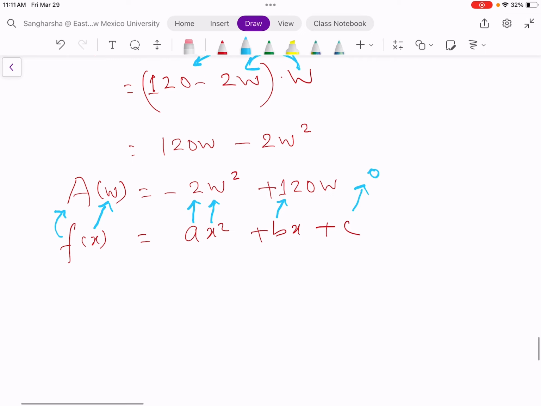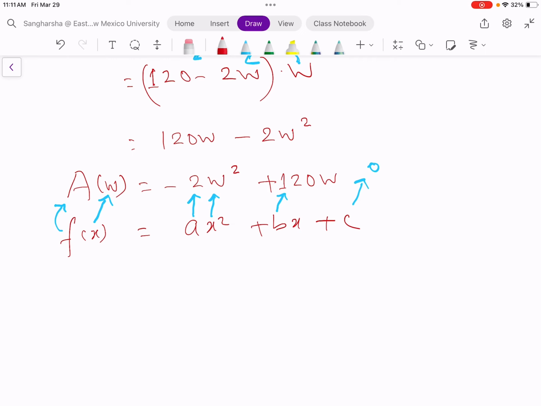Now what is the formula to find the vertex? It is h. In this specific case, what is our h? What is the input for the area function? Our h is the input, or the x coordinate. For this area function, is it L or W?